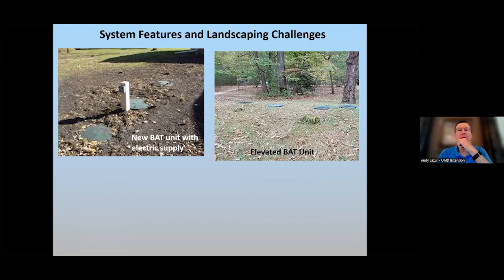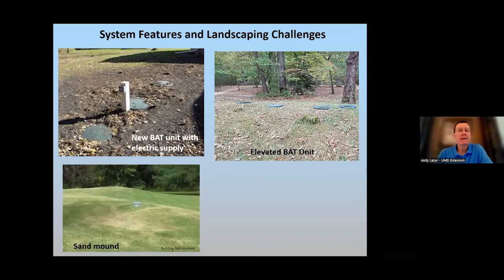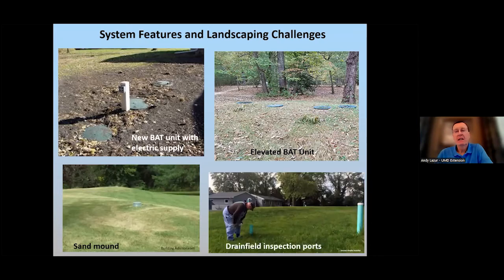Here's a situation where, because of the type of soil, they actually had to elevate the BAT unit, so you have both the access lids and a small mound. Then of course the sand mound system, and then in certain systems you have these inspection ports. Okay, that's for a service provider to be able to go out there and examine, make sure where the wastewater level is, etc.